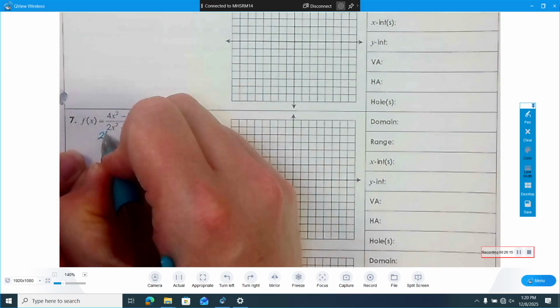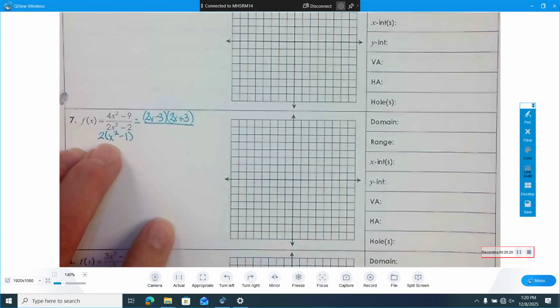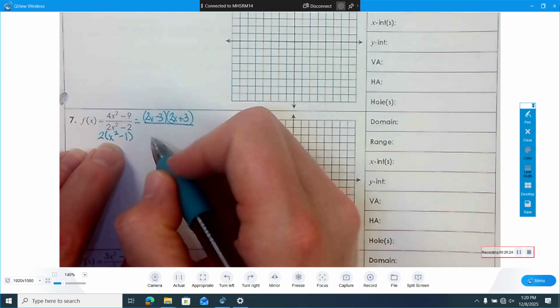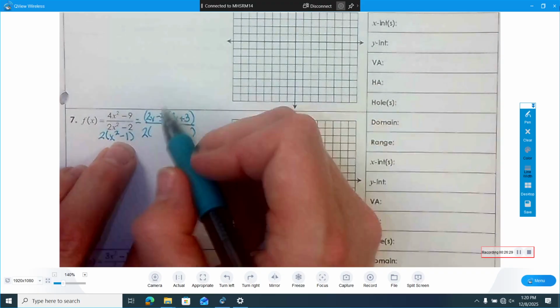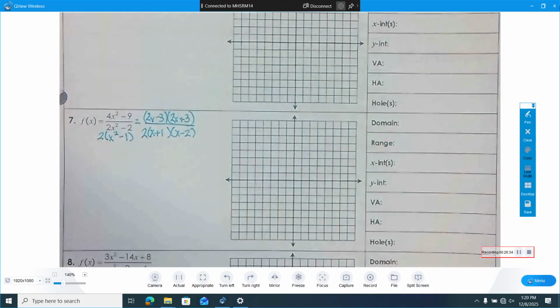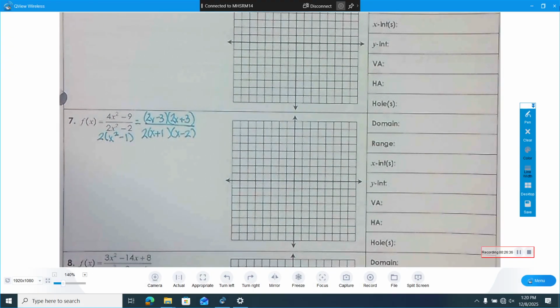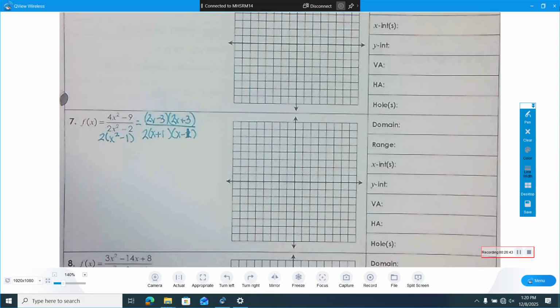Take out a 2 first. Yeah, there's a GCF there, and then I can double bubble. If I take out the 2 and then double bubble, I get x plus 1, x minus 1. So look for a GCF, always a good plan. Does this one have any holes? None. No holes.